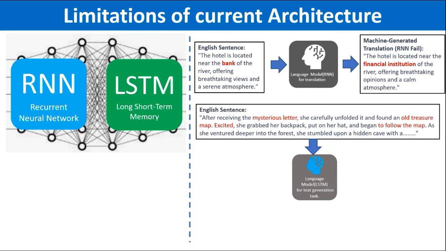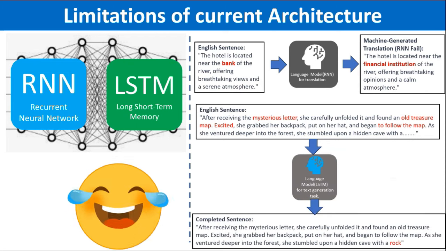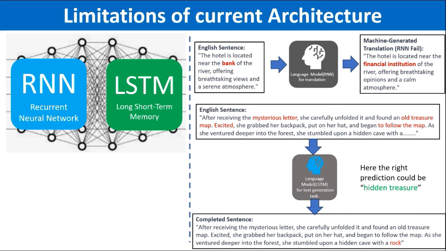As a result, this LSTM might have difficulty connecting the word "hidden cave" with the earlier context like "an old treasure map", potentially affecting the accuracy of predicting the next word, and it might predict the word "rock" instead of "hidden treasure". This limitation in capturing very long-term dependencies can impact the model's performance in tasks that demand a comprehensive understanding of context over extended sequences.